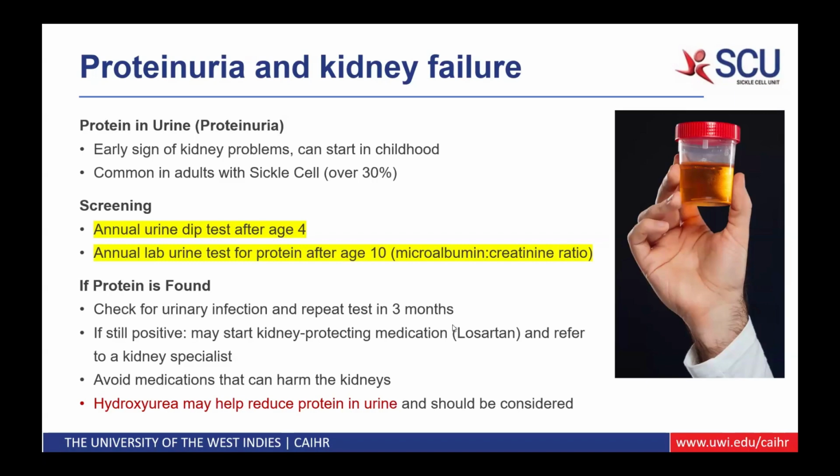So things like non-steroidal anti-inflammatory drugs like cataflam and so on. Very important for when you have pain, but we'll advise you for when you may want to reduce the amount that you're using. And there is some evidence that is coming out now that hydroxyurea can help to reduce the protein in the urine. And in some situations, we may also advise you to consider that.